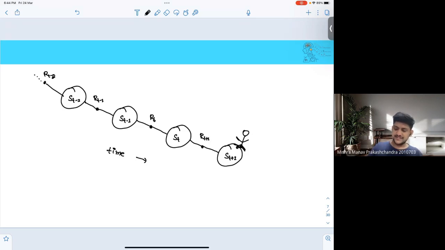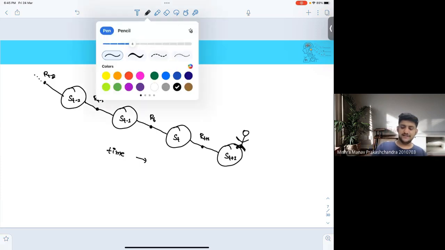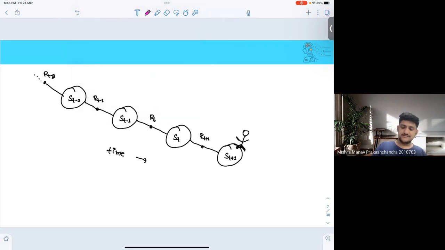Okay, so the agent actually takes a look at the eligibility of each state that I have. The eligibility is also a metric that we are keeping account of when we are looking at each state behind. So let's say each state has an eligibility. Let's say this is E_t of the state, E_t of this particular state, E_t of the state.